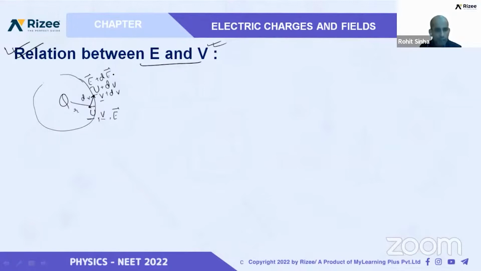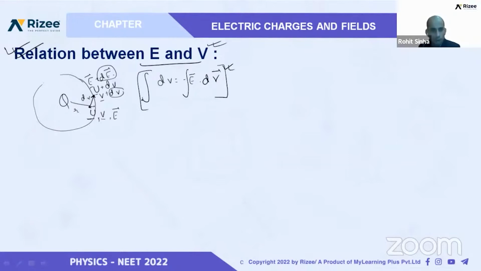There is a relation between this change in potential and the electric field. What is the relation? dV is equal to minus E dot dr. We are focusing here on formulas and numericals, that's why I'm not discussing the derivation.